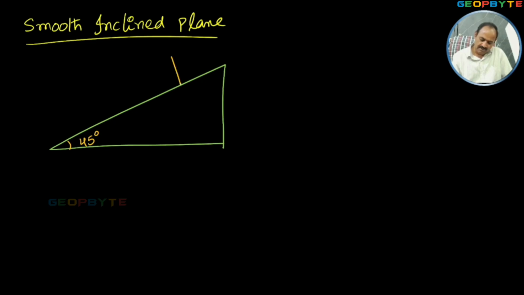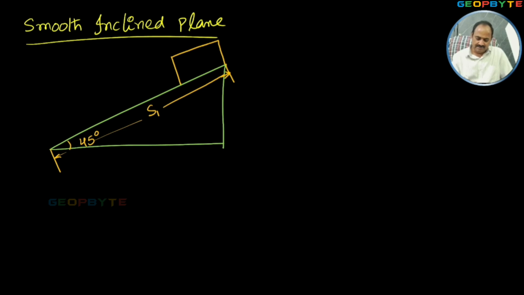The object may be somewhere here initially. Let the length of the inclined plane be S1. This is the length of the inclined plane S1.